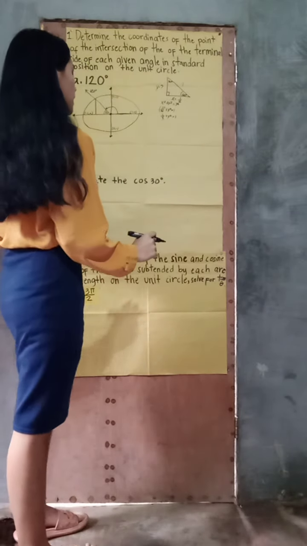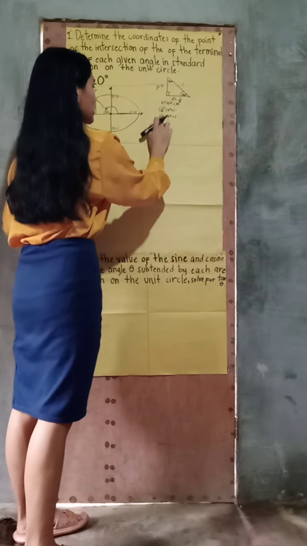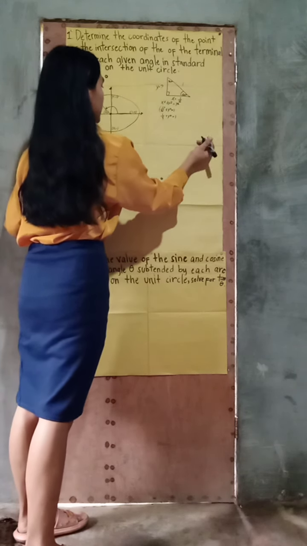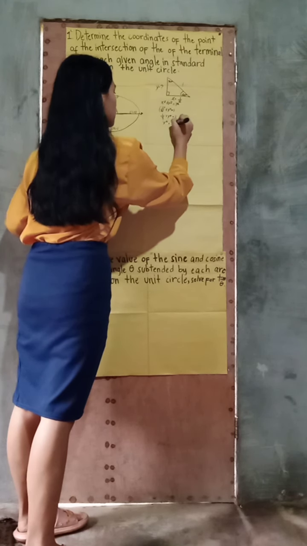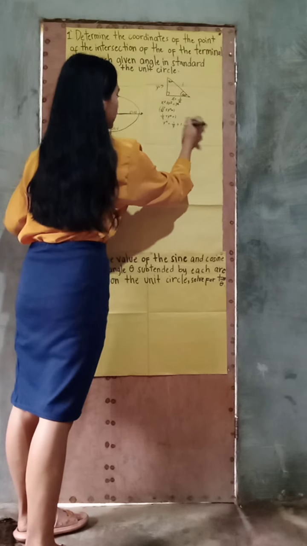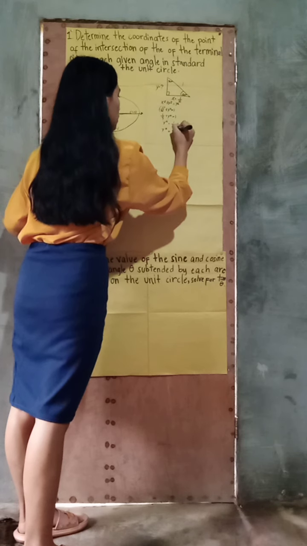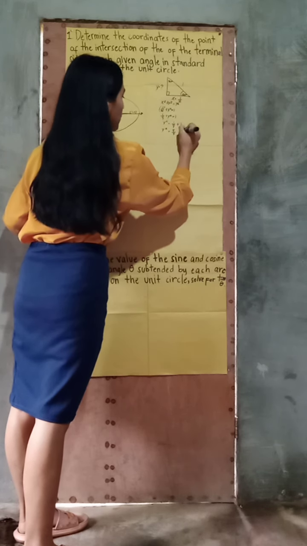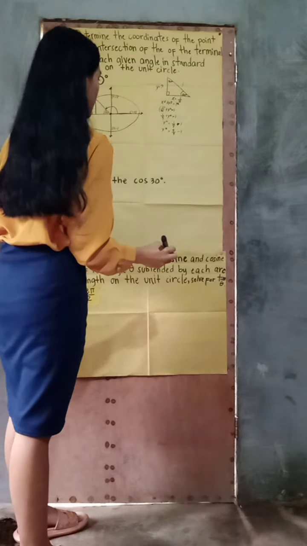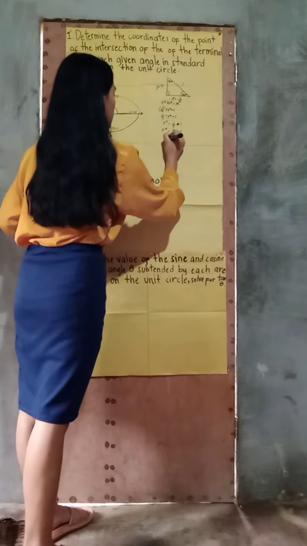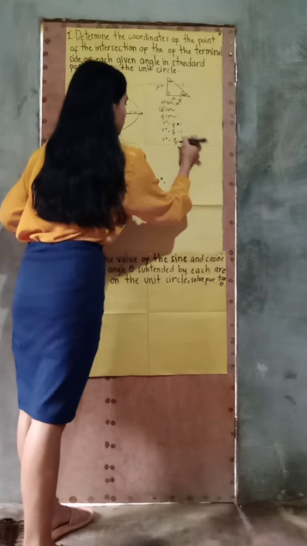And we will transpose the 1/4 to the right side. So this could be y squared equals 1 minus 1/4. This will give us y squared equals 4/4 minus 1/4, and this will be y squared equals 3/4.